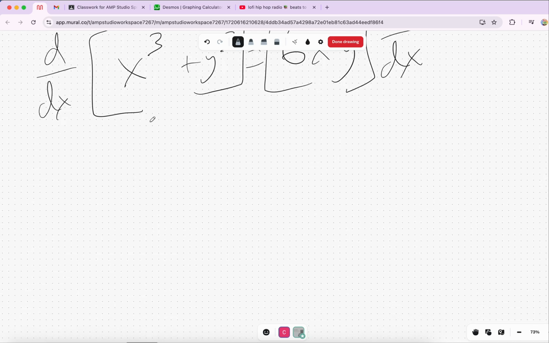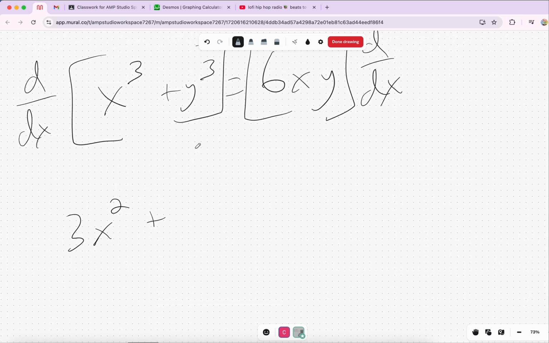This side will be really easy. We've got x cubed. What's the derivative of x cubed? Well, that's 3x squared. And again, we're using the sum rule here. So plus, what's the derivative of y cubed? Remember, we use the chain rule to take d/dx of y. So first we'll pop out part of it.